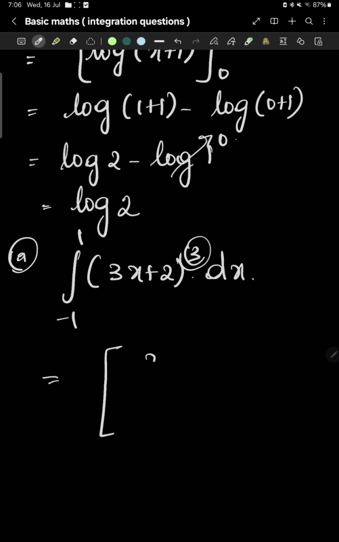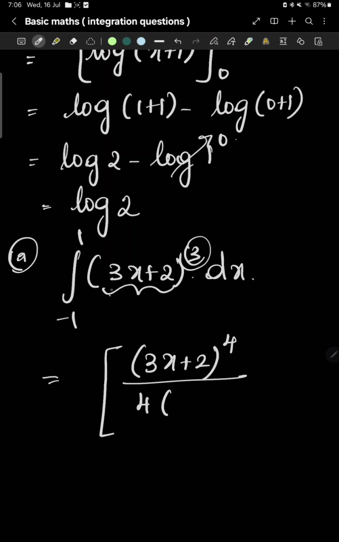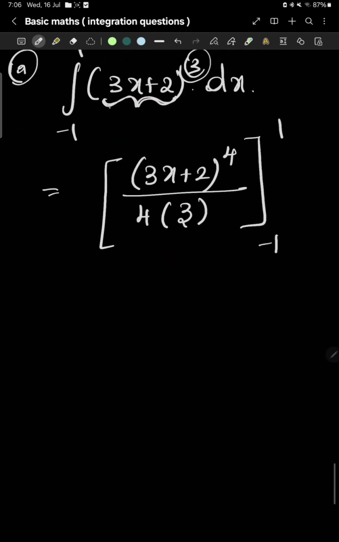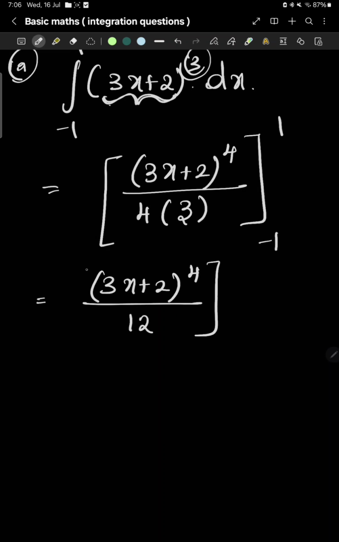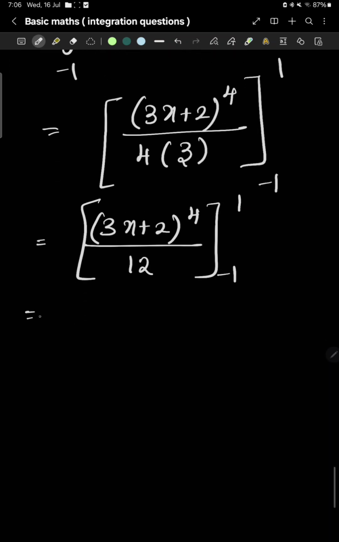If I substitute, I will get 3x plus 2 power 4 divided by 4 into, if I differentiate the inside function, it will be 3, and the limit is from minus 1 to 1. So 3x plus 2 power 4 divided by 12, from minus 1 to 1. You can write 1 by 12 outside if you get confused in the calculation.